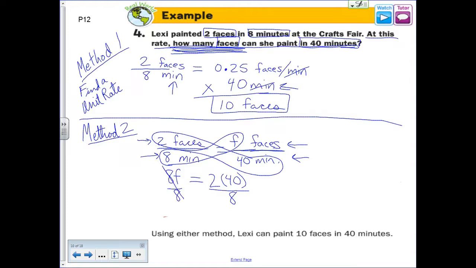The 8s will cross off, leaving you with just one F. And then you have 2 times 40 divided by 8. Well, I personally would do the 40 divided by 8 first, giving me 5 times 2, which equals 10 faces.